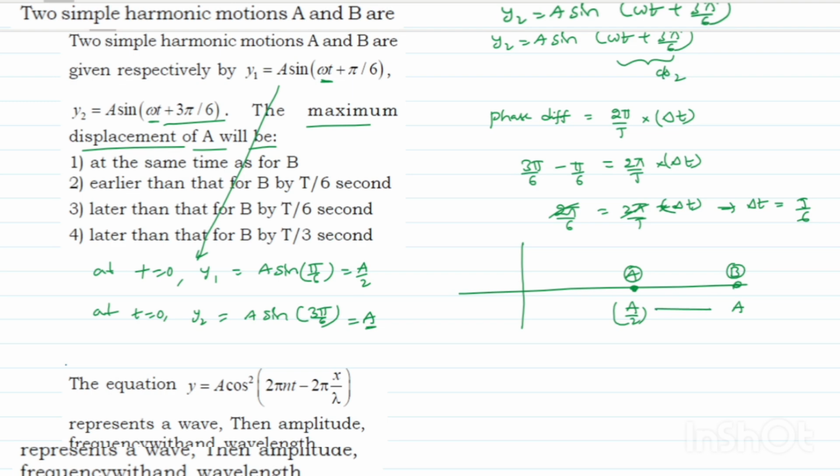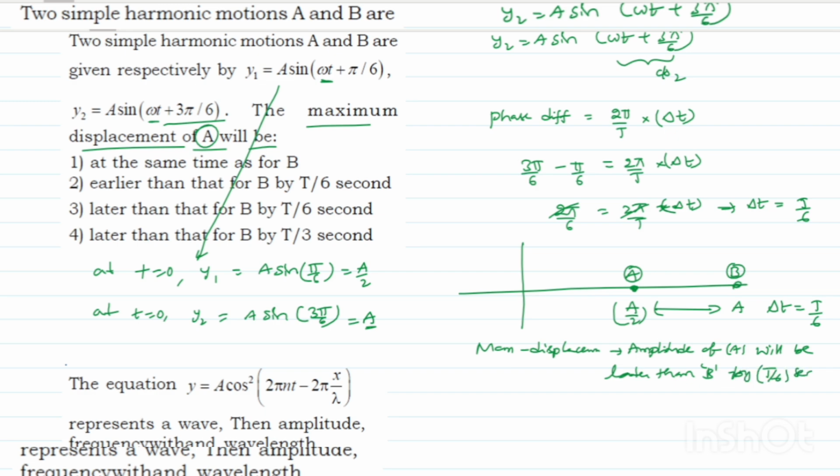So between these two, we calculated the time gap, delta t equal to T by 6. They are asking for the maximum displacement, which is nothing but the amplitude. That means the amplitude of A will come later than B by T by 6 seconds.